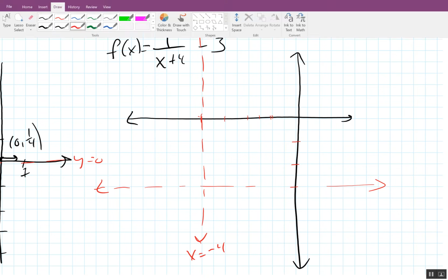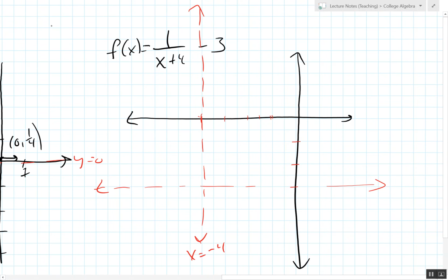And then drawing in all the coordinates is simple. We'll just subtract 3 off of everything, so we'll have that point, and that point, and we'll have this point, and that point. So this is -3, -2.